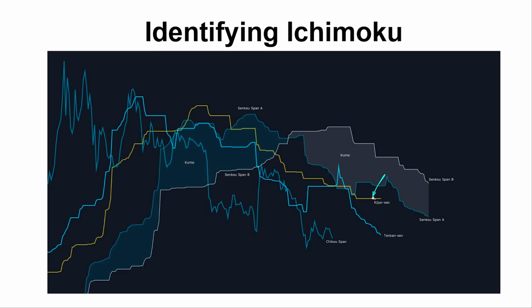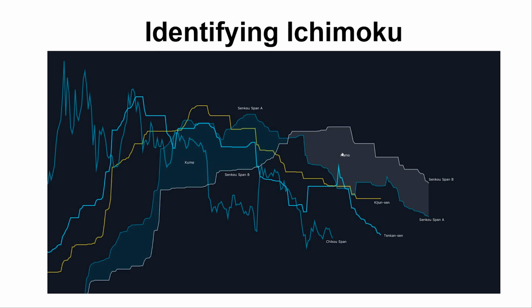Kijun-sen is our bright yellow line. These two moving averages will help provide us signals for entering or exiting trades using the Ichimoku system. Whenever the Tenkan and Kijun cross one another, a signal is presented. We'll talk about the strength of the signals in a little bit. For now, let's move on to the Kumo.